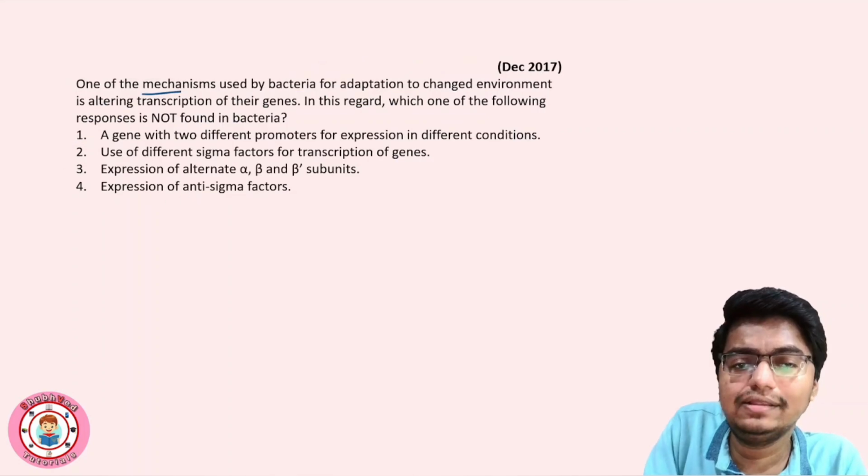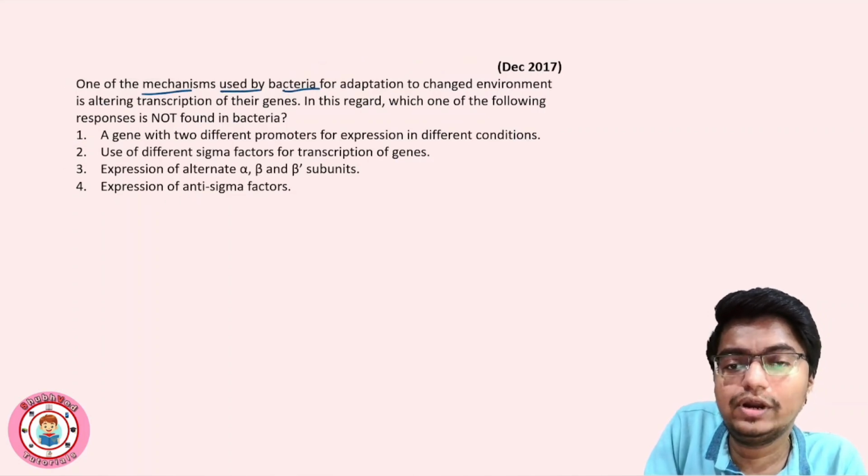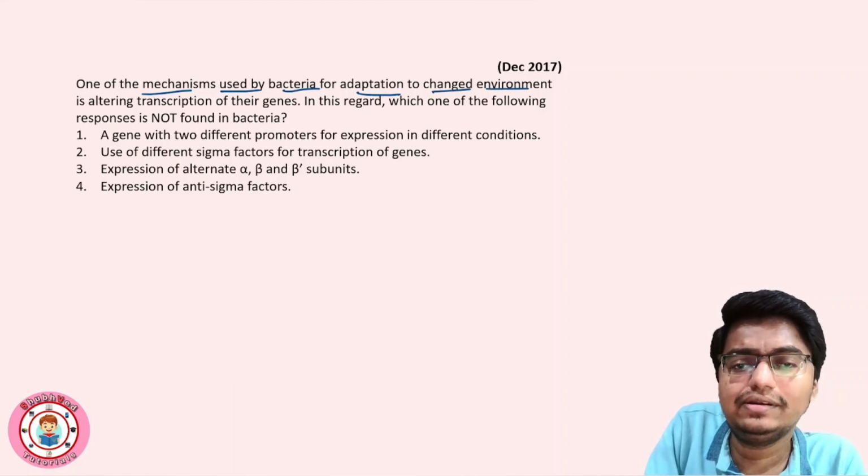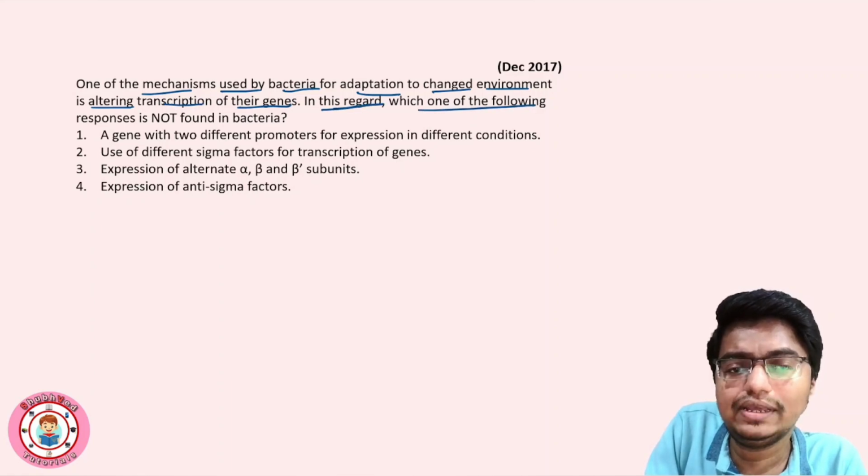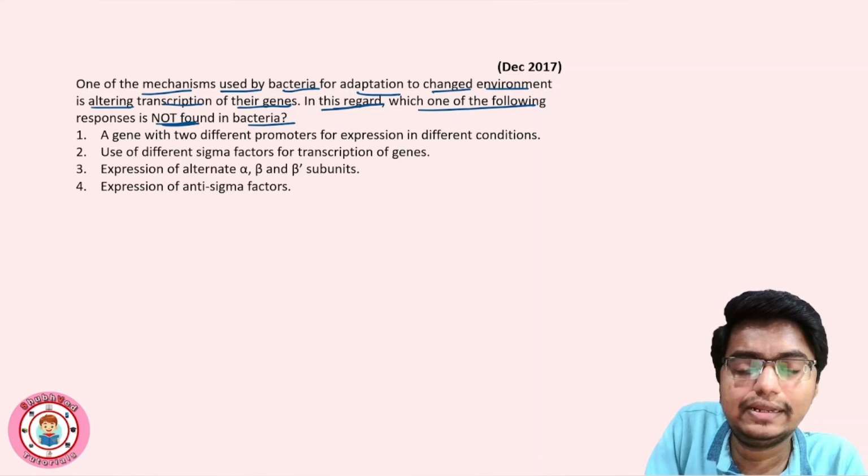One of the mechanisms used by bacteria for adaptation to a changing environment is altering transcription of their genes. In this regard, which one of the following is not found in bacteria?